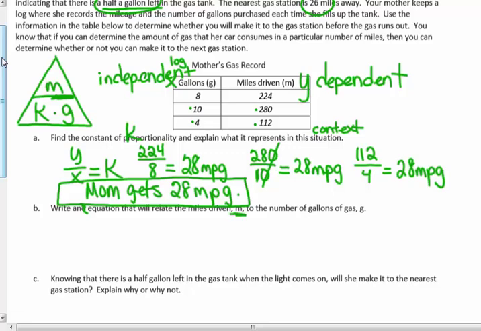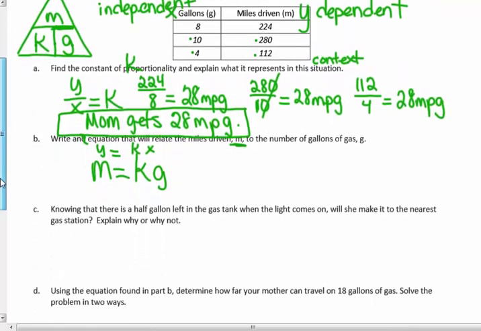Tell me what M is. So M equals K times G, my constant times my G. Or you could think of it as y, the y variable, the miles, equals the constant that we figured out times the x, the gallons. y equals kx. You'll hear me say that over and over again.